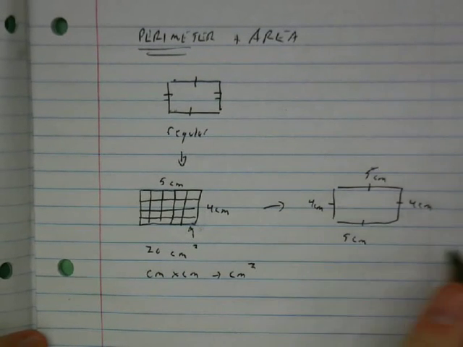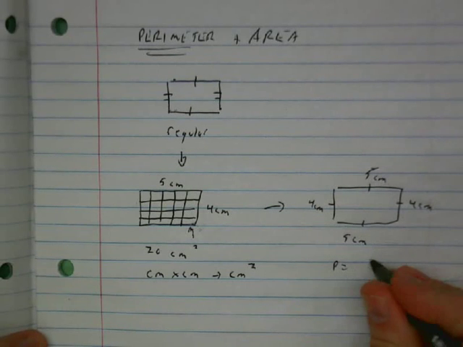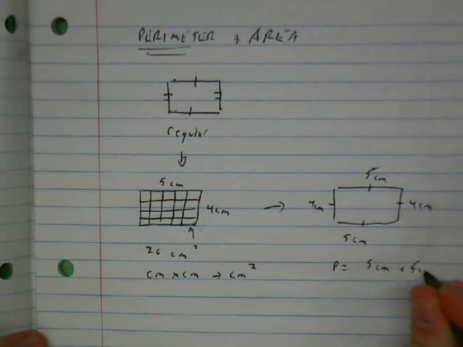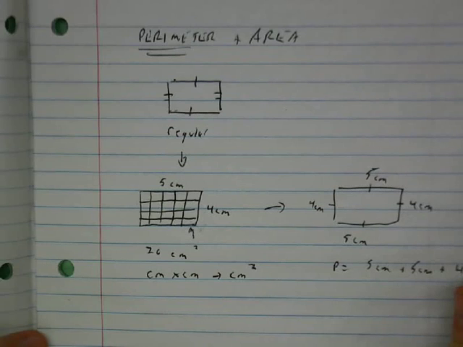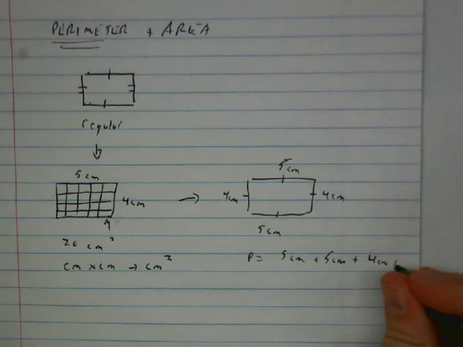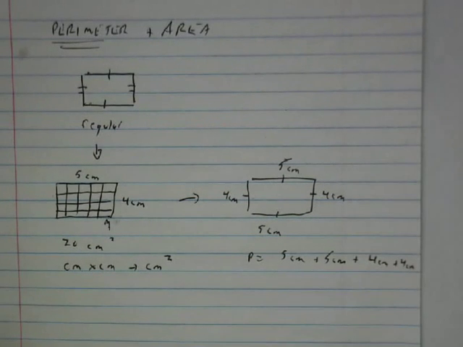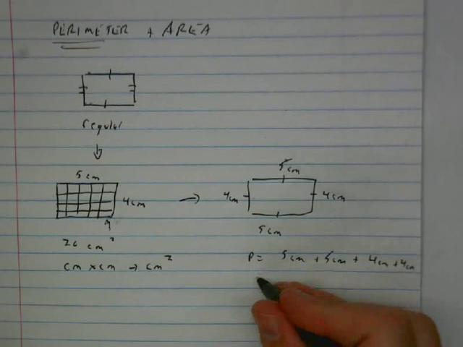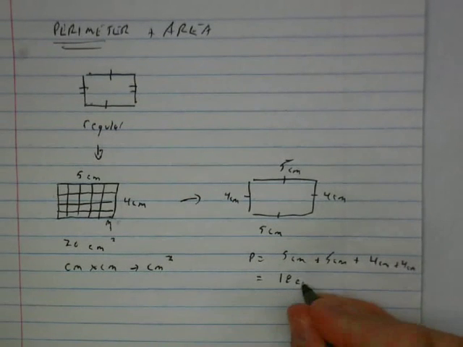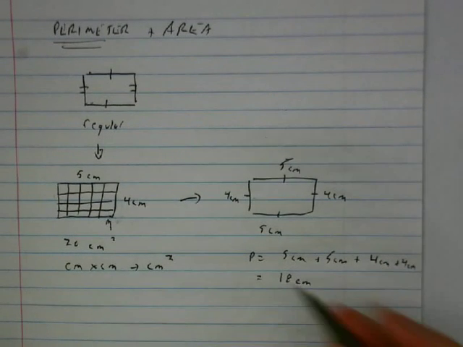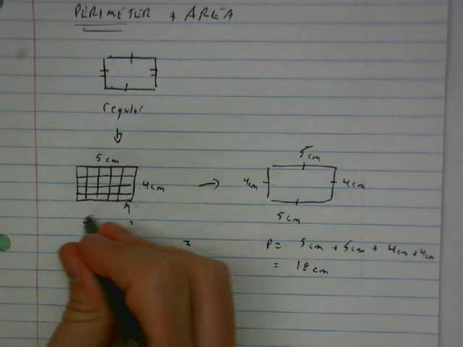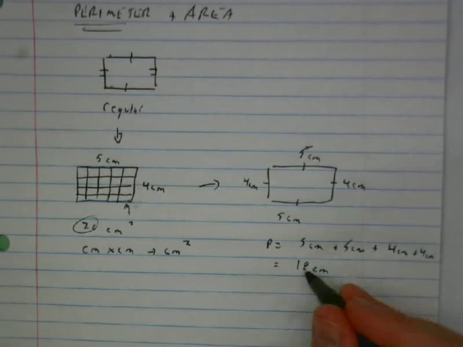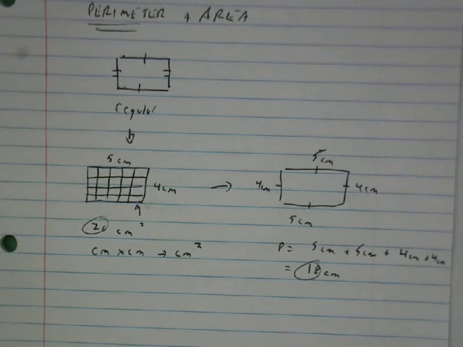So the perimeter is 5 centimeters plus 5 centimeters plus 4 centimeters plus another 4 centimeters. 5 plus 5 is 10, plus 8 is 18, so our perimeter is 18 centimeters. As you can see, our area, which was 20, does not have to match our perimeter. Those things don't have to be the same.